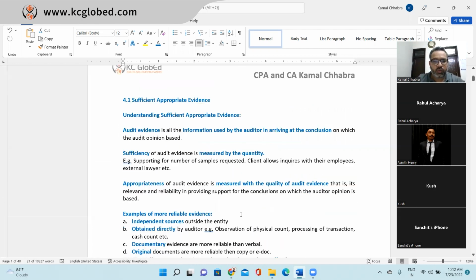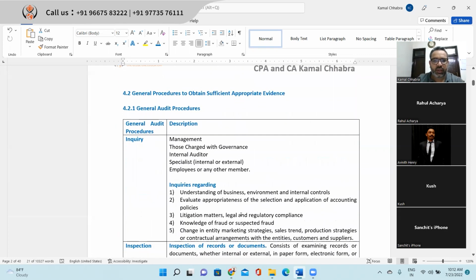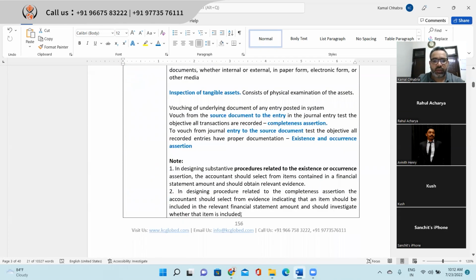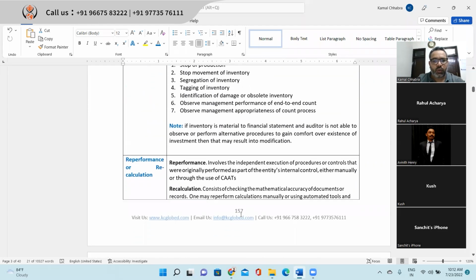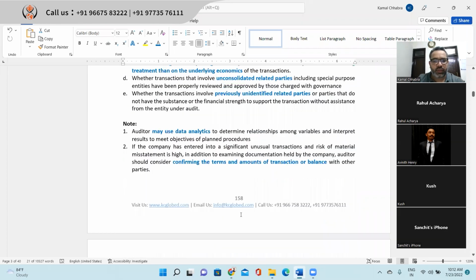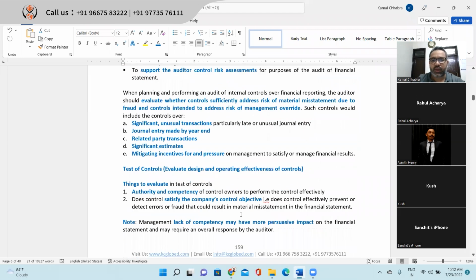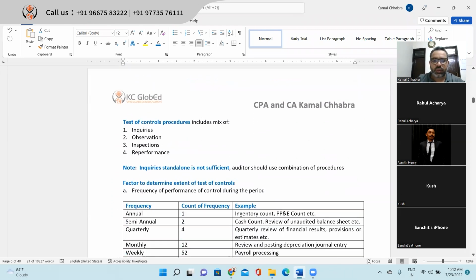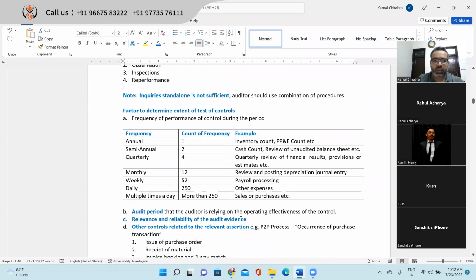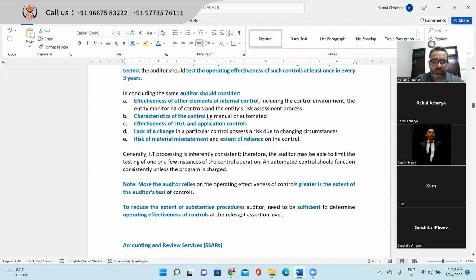So if I take you through a quick walk of what we have done last week: sufficiency and appropriateness of audit evidence, that we have discussed in detail. General audit procedure: inquiry, inspection, observation, roll forward procedure, reperformance, recalculation, and confirmation, right? Then some year-end procedure we discussed. After that, we discussed additional things required for integrated audit, like test of controls, and then test of control procedure, frequency, count of frequency, and what all things we need to do in test of controls as well, right?